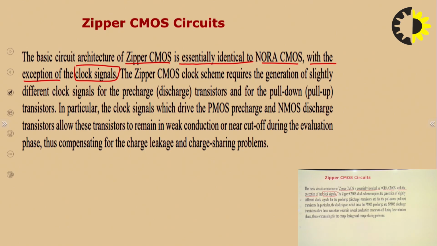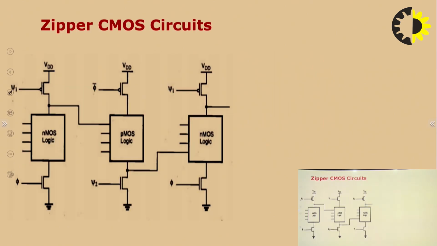Let us go to the structure. Here we can see that we have a clock, and instead of phi and phi bar, we are using psi 1 and psi 2. So we are using slightly different clock signals.